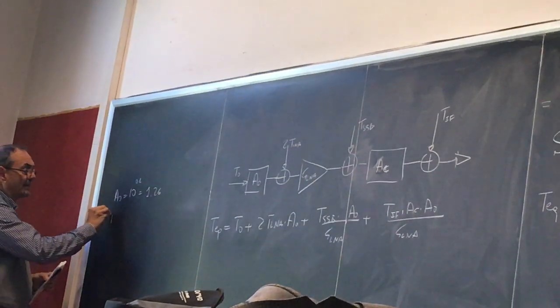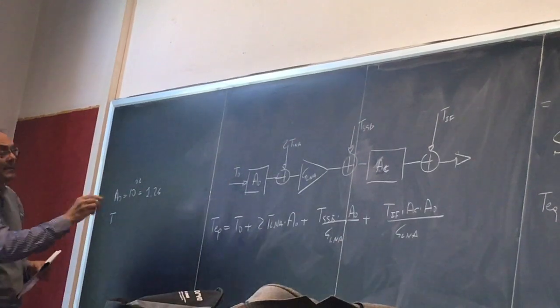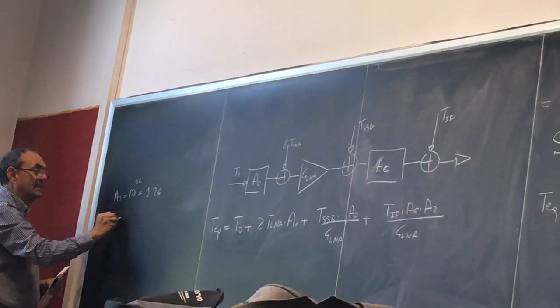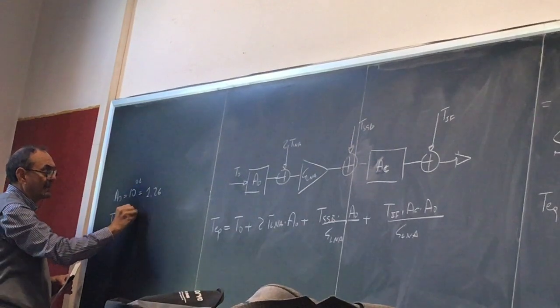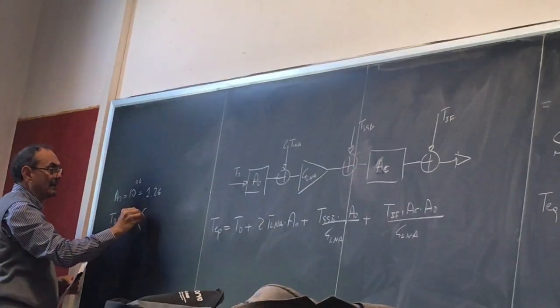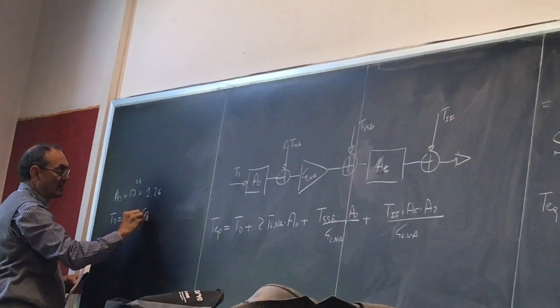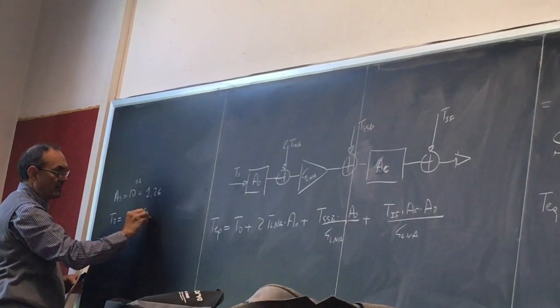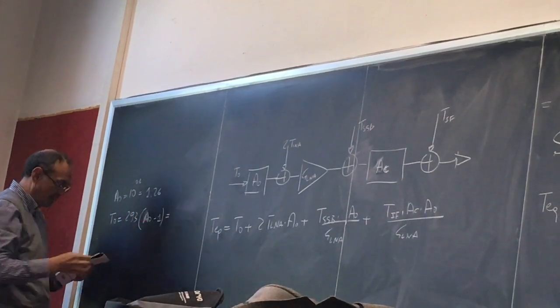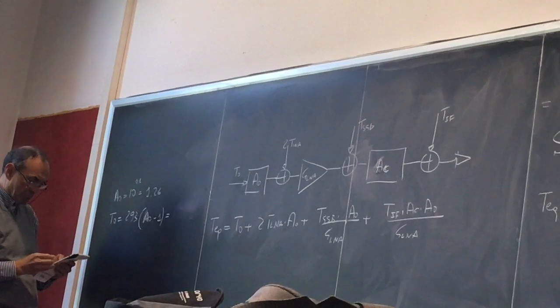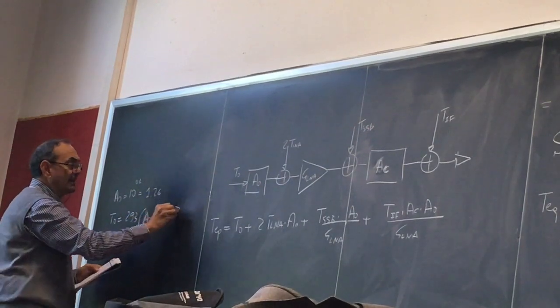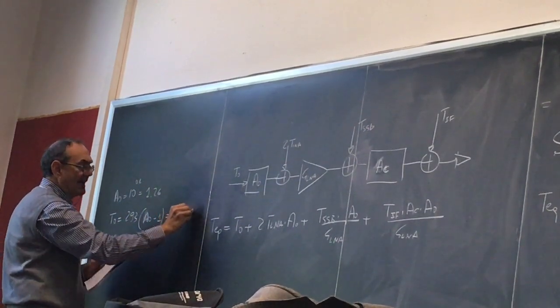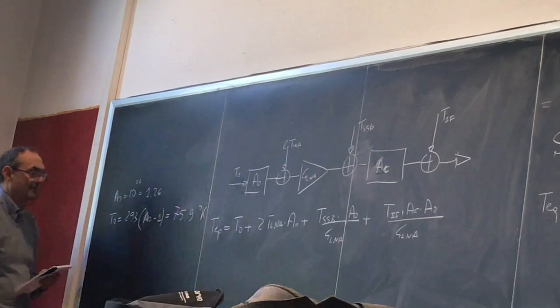Then we have T0, which is 293 times A0 minus 1, which is equal to 75.9 Kelvin degrees.